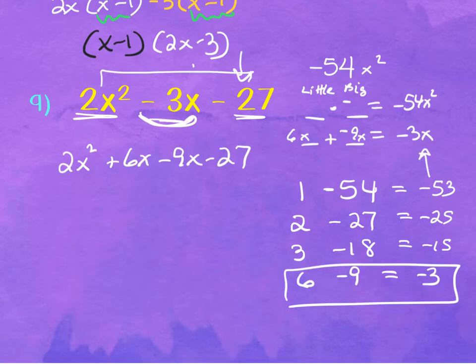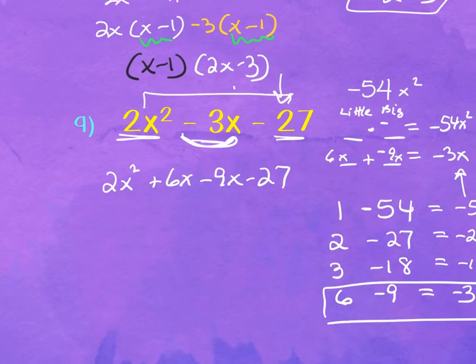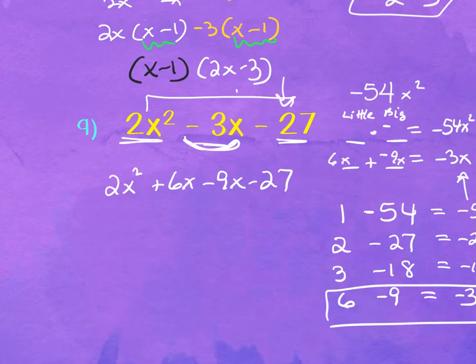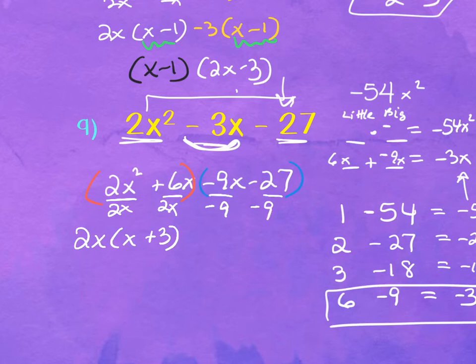Make your groups. Red and blue. GCF of first is going to be 2x. I'm left with x plus 3. GCF of second group is negative 9. And again, you get x plus 3. Again, these need to match.